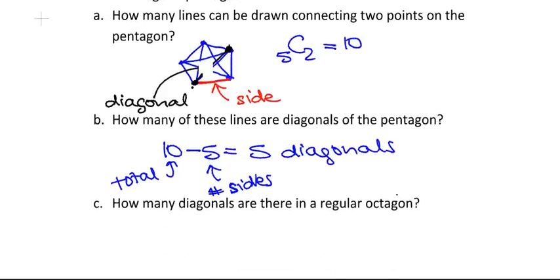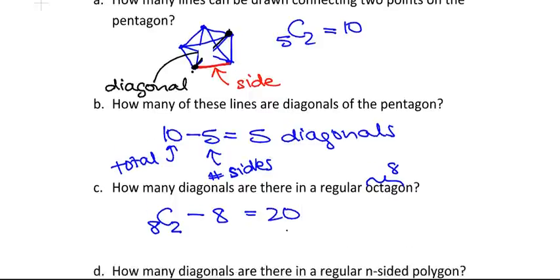Well, to find all the lines that can be drawn connecting 2 points in an octagon, we would go 8 choose 2, because octagon, like octopus, means 8, and I need 2 points to draw a line. Subtracting 8, which is the number of sides, gives 20. So there are 20 diagonals in a regular octagon.